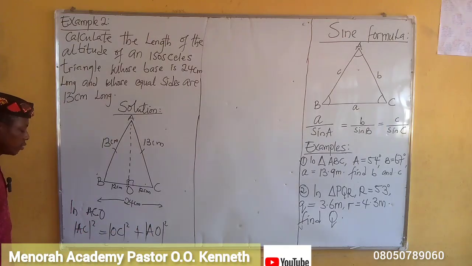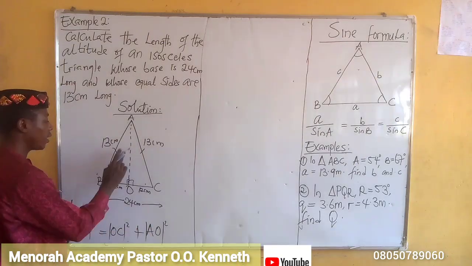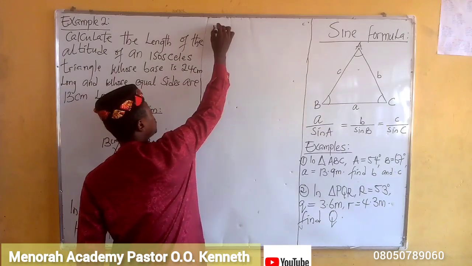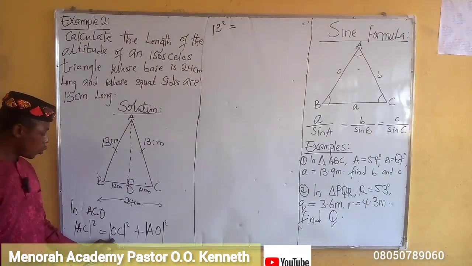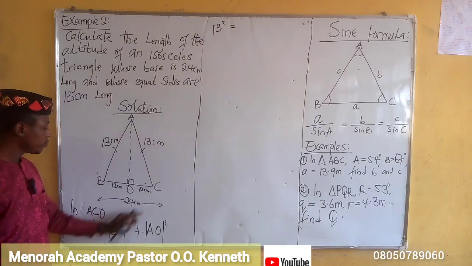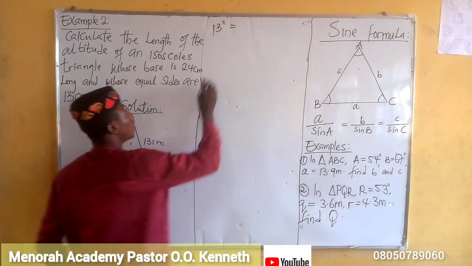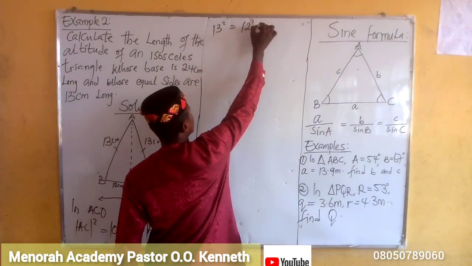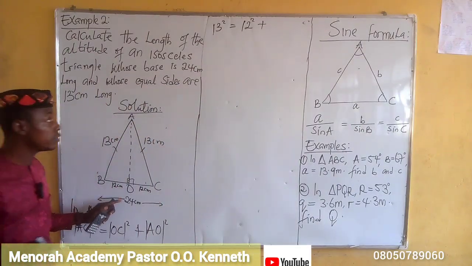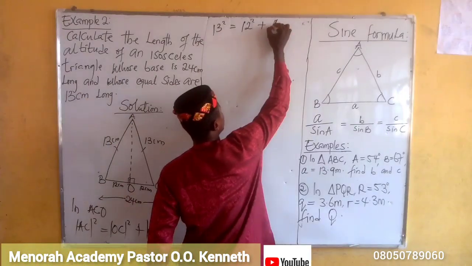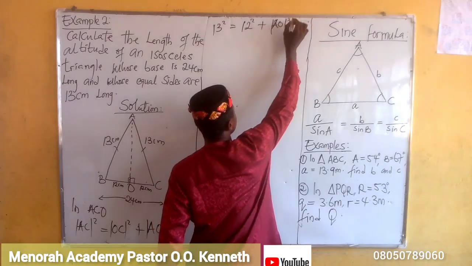Our AC is 13, so it's going to be 13 squared, equal to our OC, which is 12, so 12 squared, plus our AO. AO is the altitude. Altitude means height.